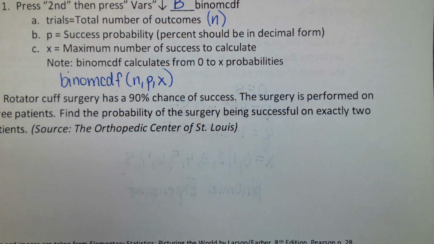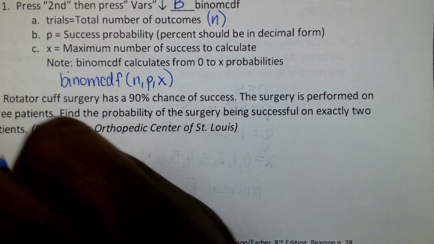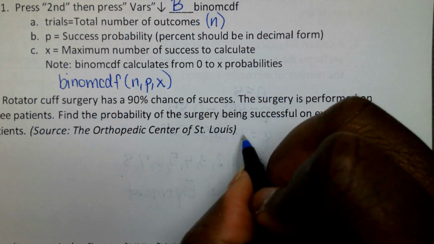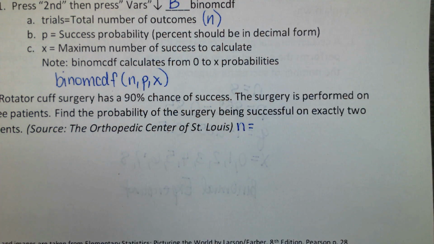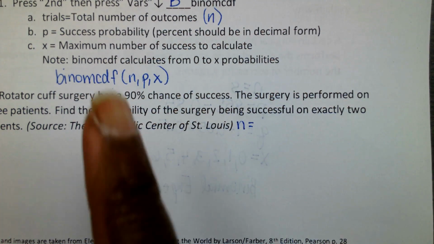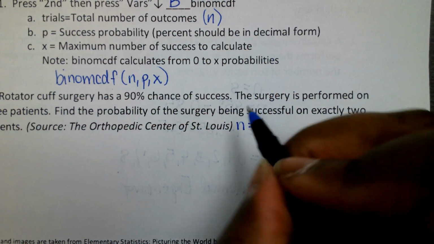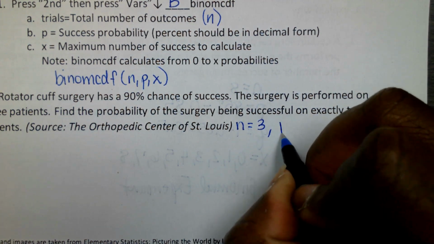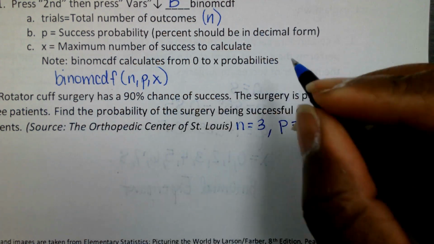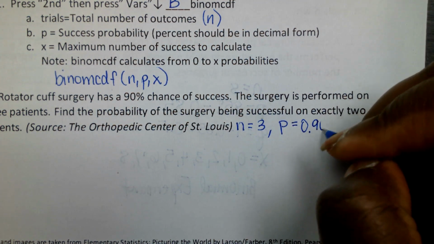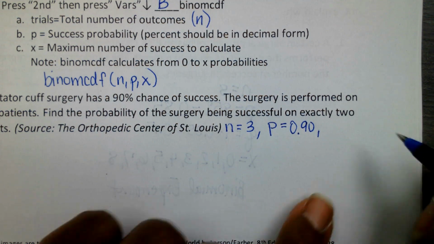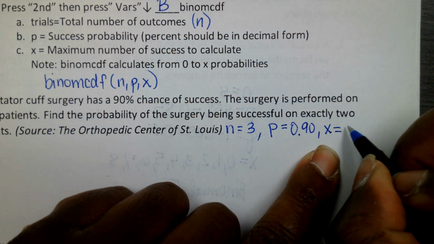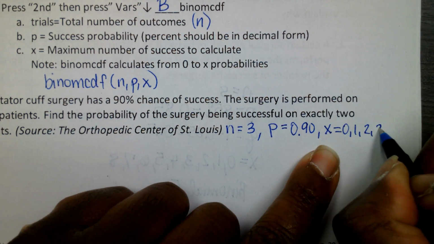So let's identify our N, P, and X. N is not 0.9. What's N? N is our number of patients, 3. P is 0.90. Now X. Our possible X's are 0, 1, 2, and 3.